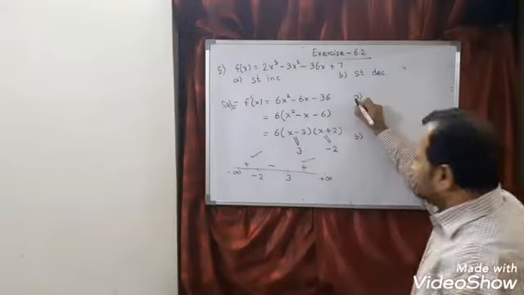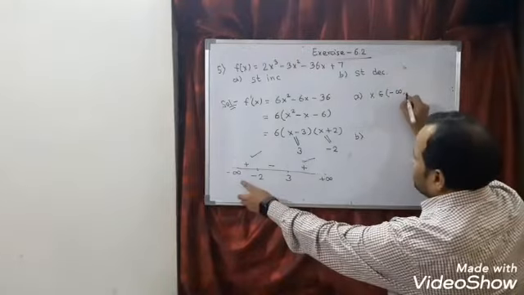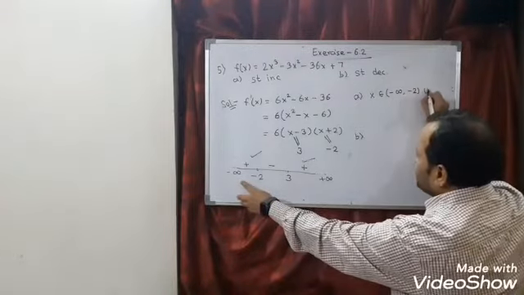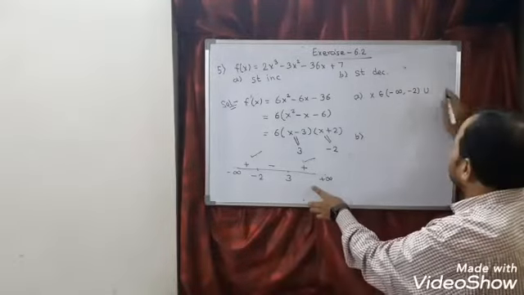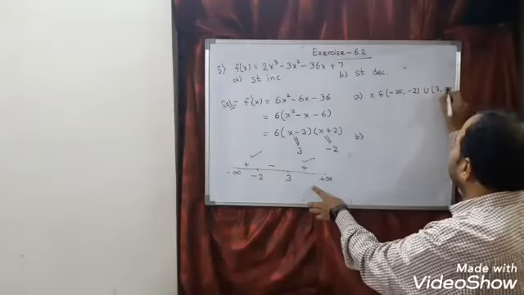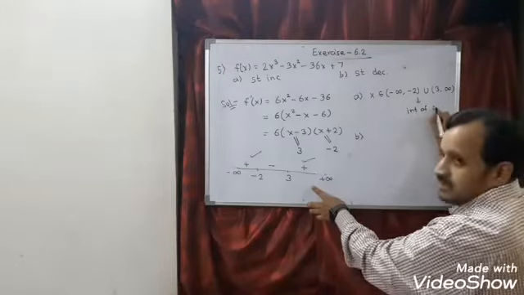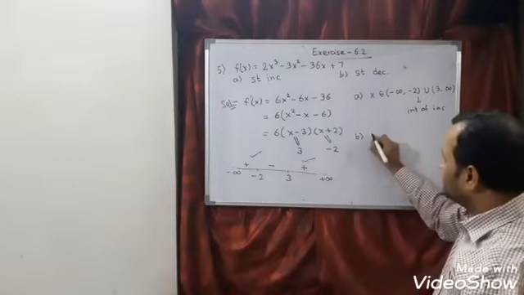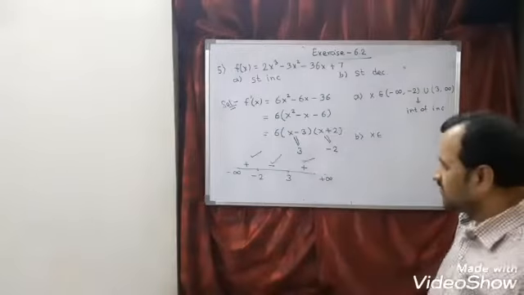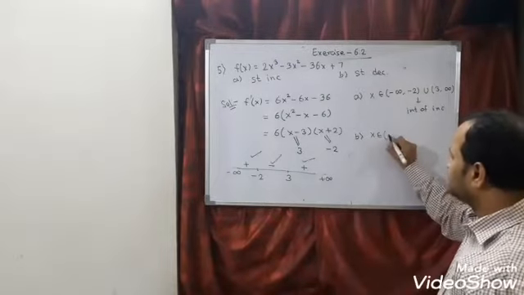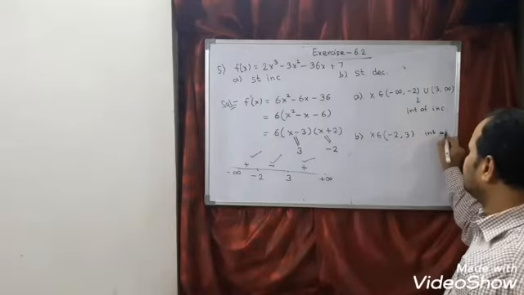So here I can say, x belongs to minus infinity to minus 2 union 3 comma infinity. This is the interval of increasing. And the decreasing one is x belongs to minus 2 comma 3. This is the interval of decreasing.